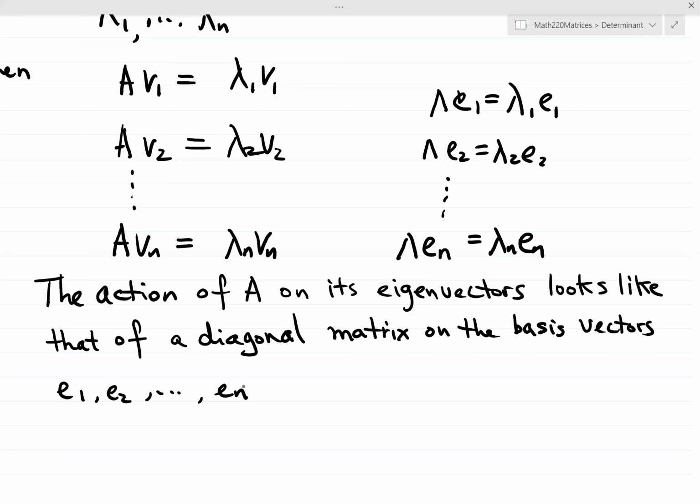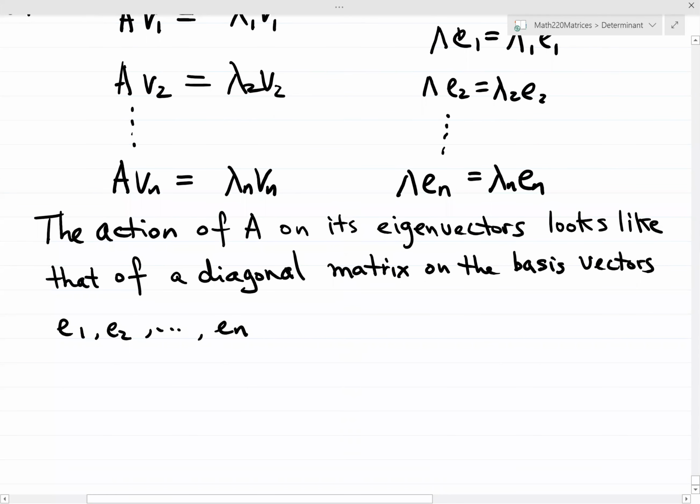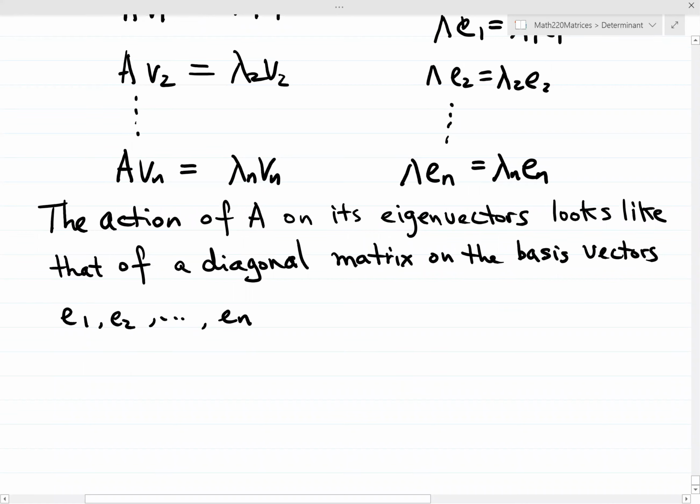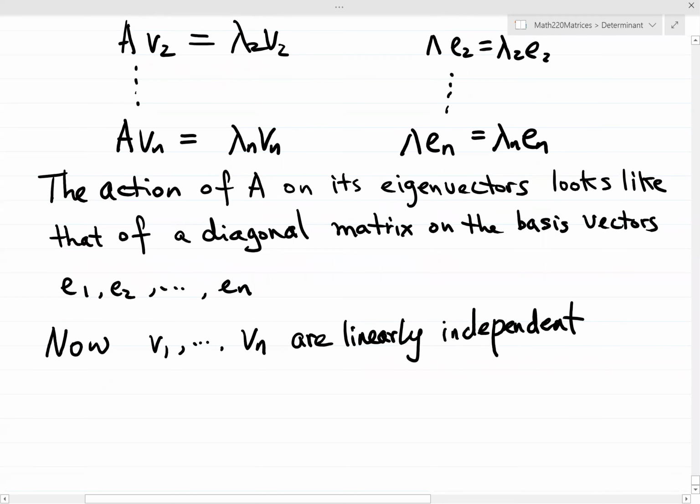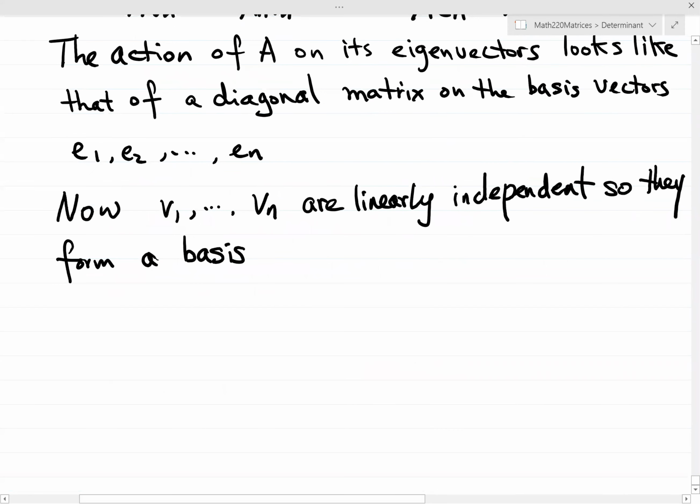Remember these n vectors: v1 through vn are, by our assumption, linearly independent, so they form a basis. So we do a base change.